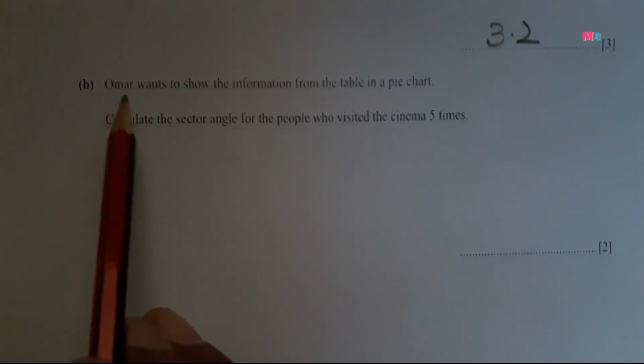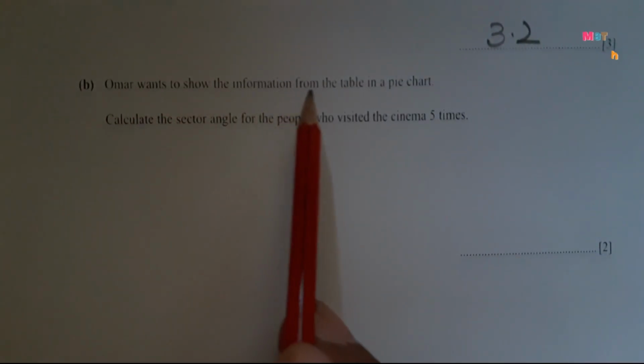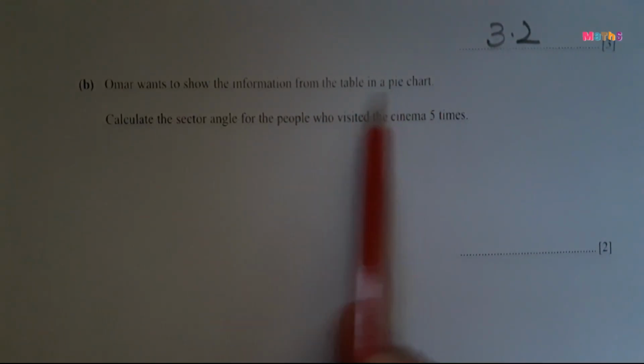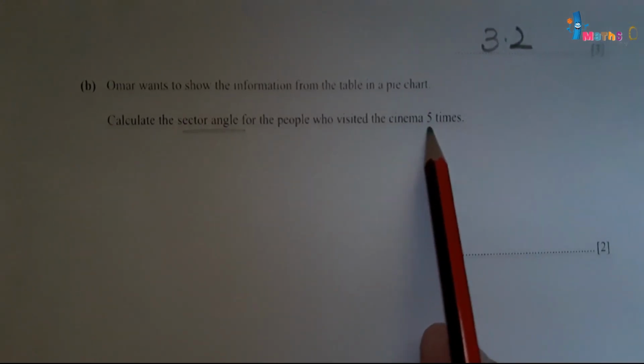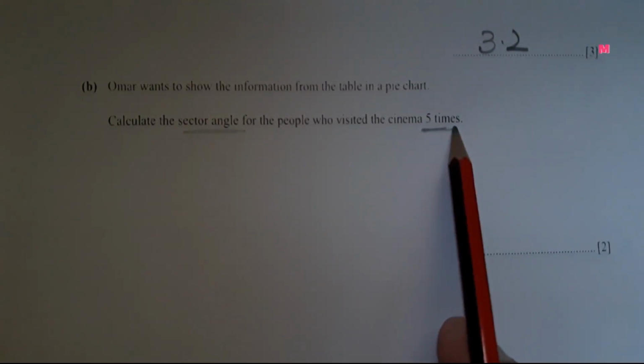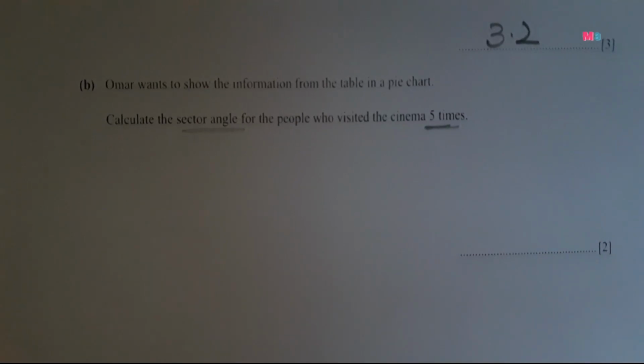Part B. Umar wants to show the information from the table in a pie chart. Calculate the sector angle for the people who visited the cinema 5 times. If we check the table, the frequency for 5 times is 3.